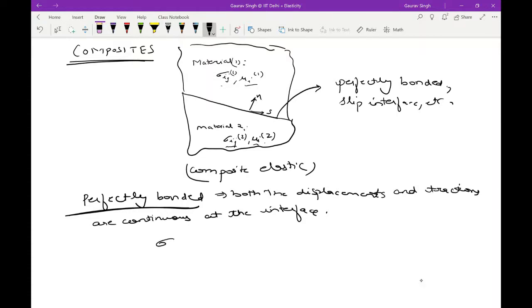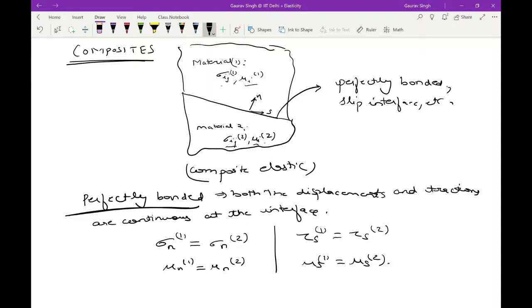So sigma n of 1 is equal to sigma n of 2, then un of 1 equal to un of 2. Okay, then the shear stress of 1 will be the shear stress of 2, and along the shear directions the displacements.